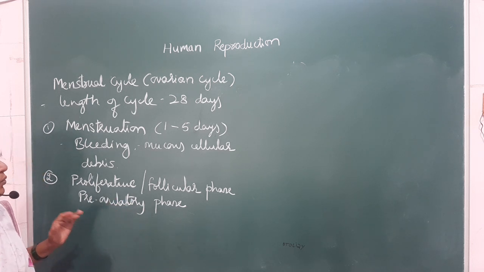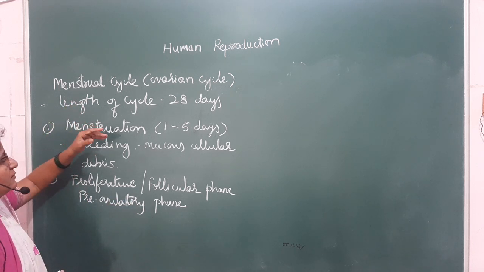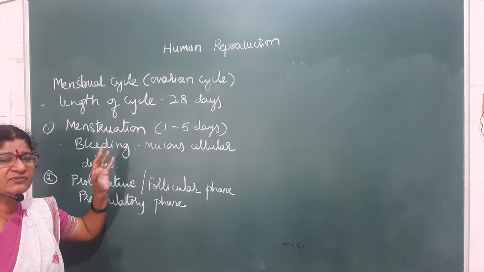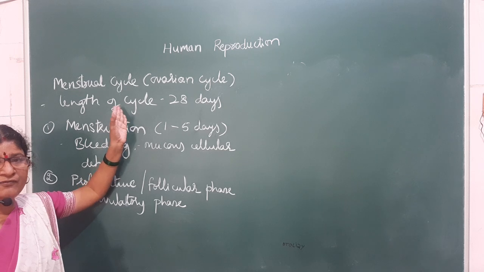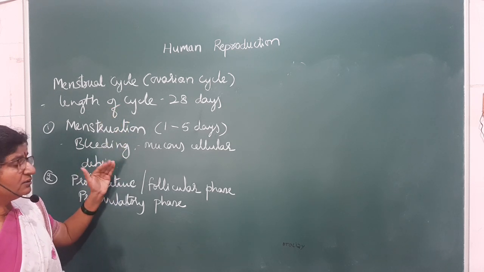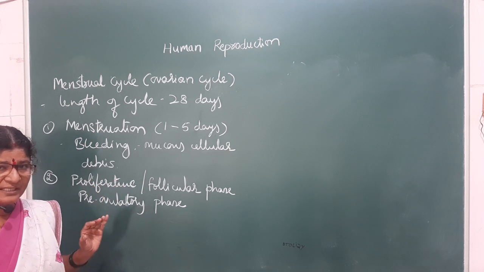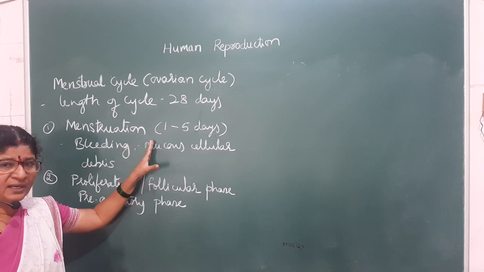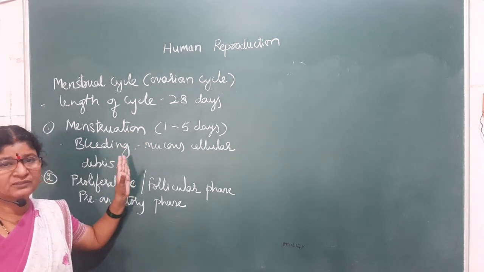See, once the menstruation stops: during the menstruation, the endometrium which was formed throughout this cycle for the implantation of the embryo will get degenerated and destroyed, and it is discharged through the vagina.